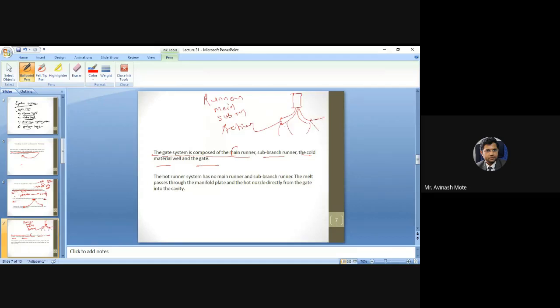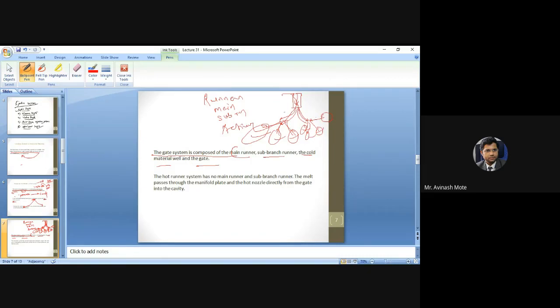It depends upon how many products you are producing at a time. What is the role? Material will first of all be in the main runner. It will be distributed equally to these sub runners, and then equally to these activity runners. This activity runners will be connected to the product by using the gating system. So here 1, 2, 3, 4, 5, 6, 7, this many products can be manufactured.